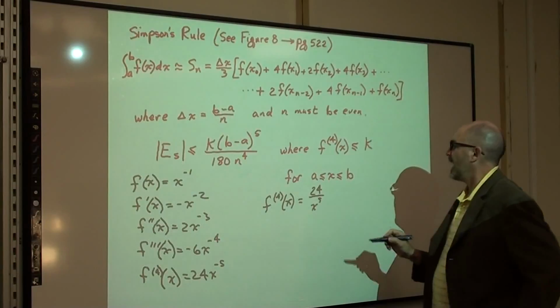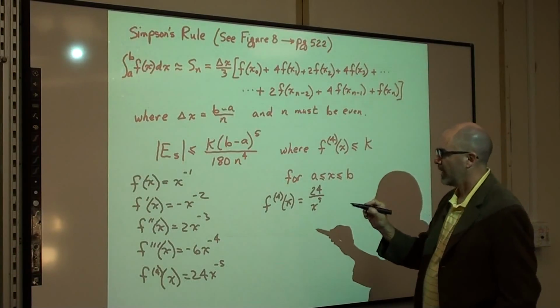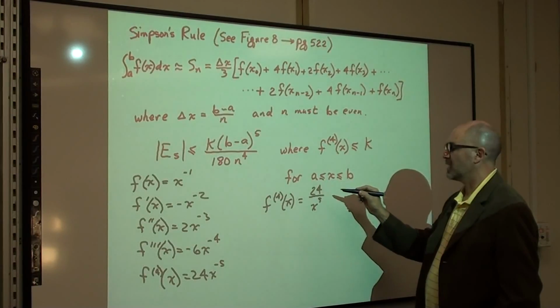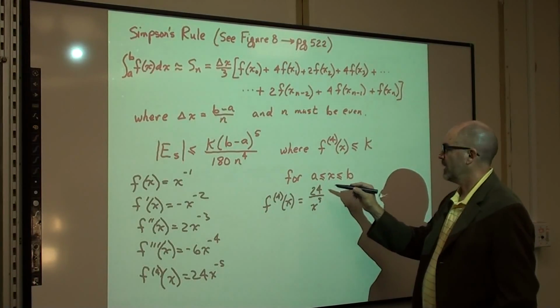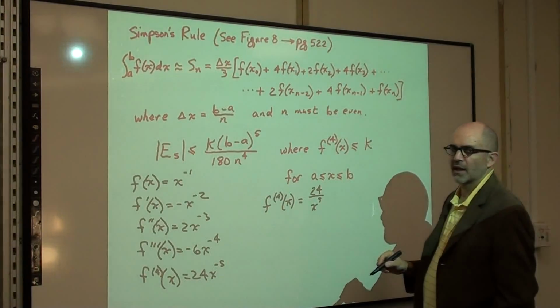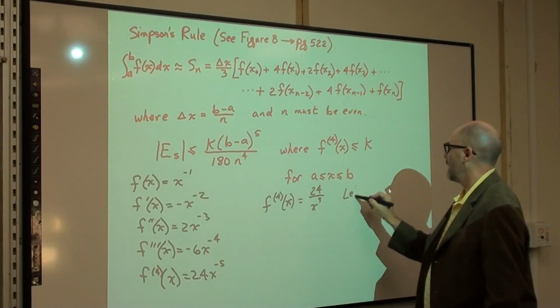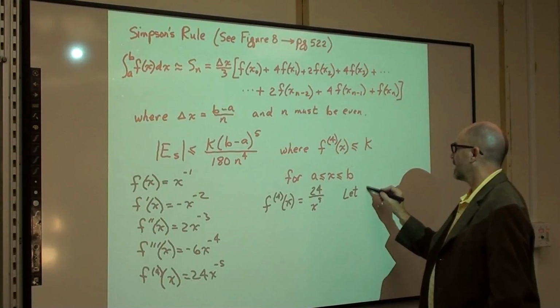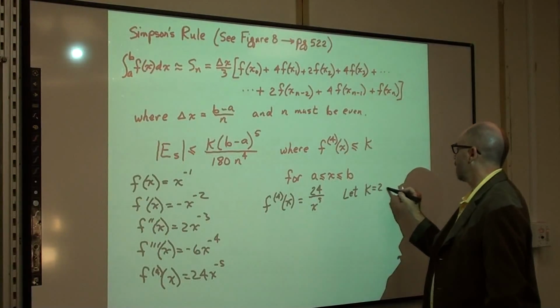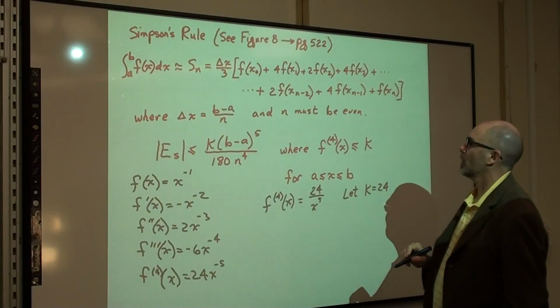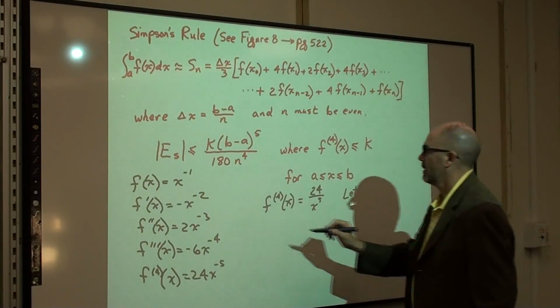Now, if x is 1, then we've got 24 over 1. If we've got x equal 2, then it's 24 over 32. Now, the largest possible k value is going to be when x is 1, so we're going to let k equal 24.